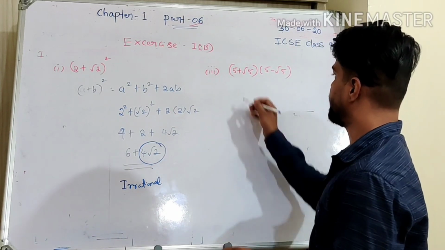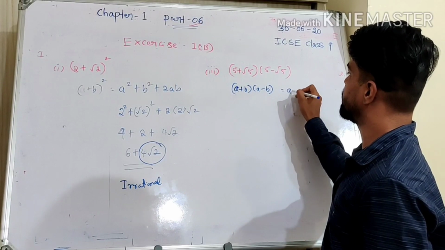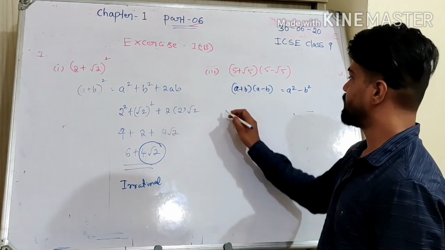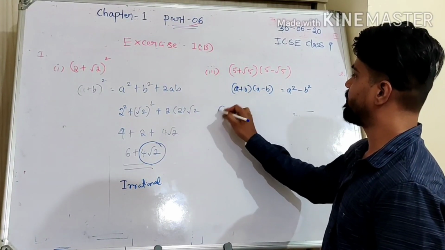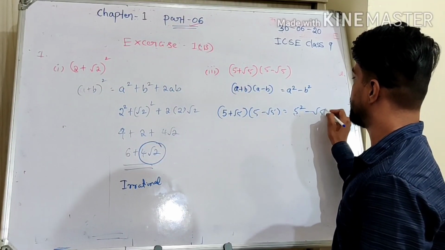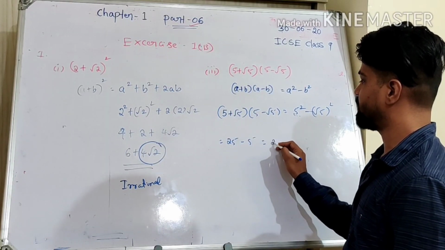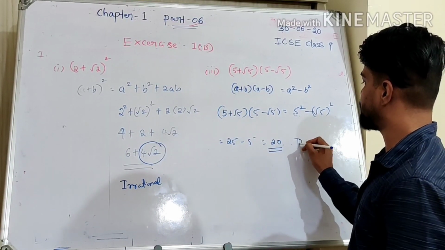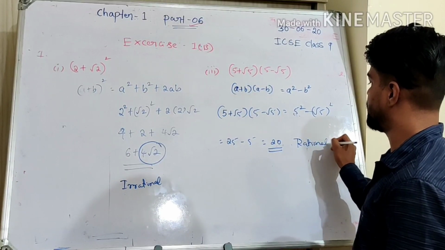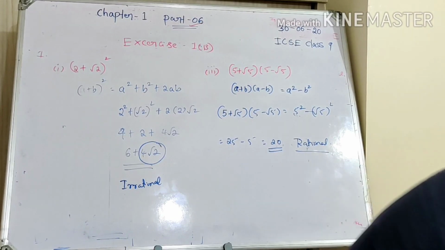5 plus root 5, 5 minus root 5. What is it? This is in the form (a plus b) into (a minus b), which is a square minus b square. So that means (5 plus root 5)(5 minus root 5) will be 5 square minus (root 5) whole square. We end up with 25 minus 5, which is simply 20. So it turns out to be rational. The answer for this third question is rational.